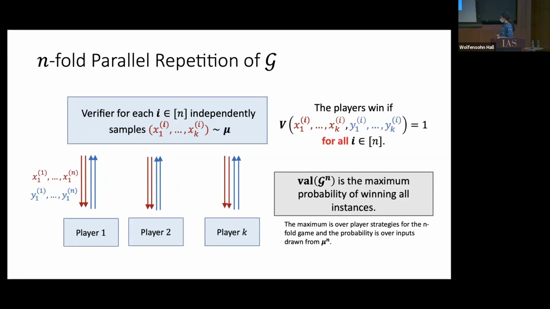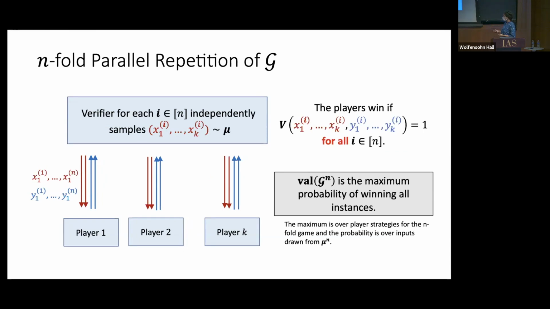So now let me define what n-fold parallel repetition is. In the n-fold parallel repetition of a game, the players are given n independent instances of the game, and their goal is to solve all the instances simultaneously. Here the verifier samples n independent times from this distribution mu and sends the ith part of each of the n instances to the ith player.